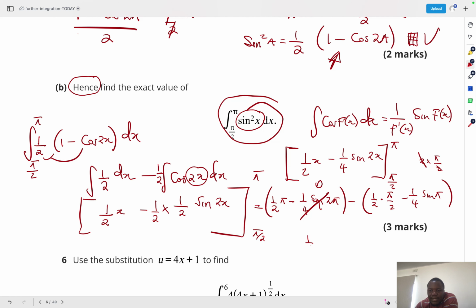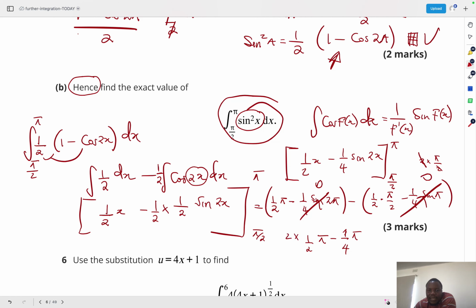So we've got half pi here, and then we know that this gives us a quarter pi, so we've got minus a quarter pi like that, and then we know that sine 90 is 1, sin 180 is actually 0 again, so that will just go to 0. So this is what we just have here.